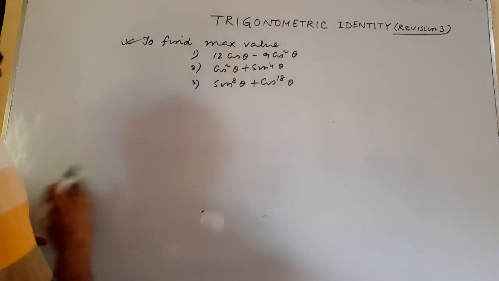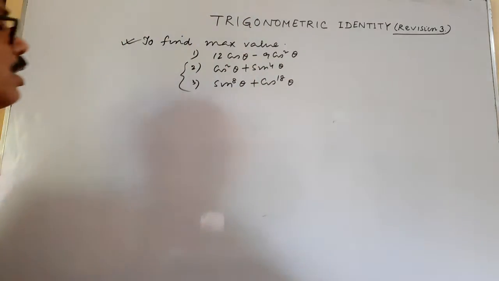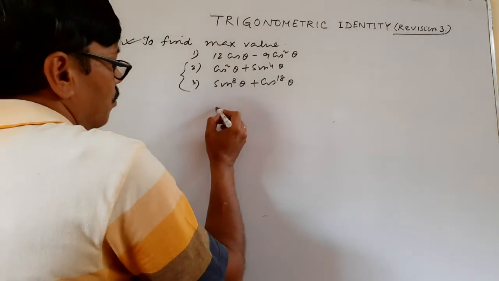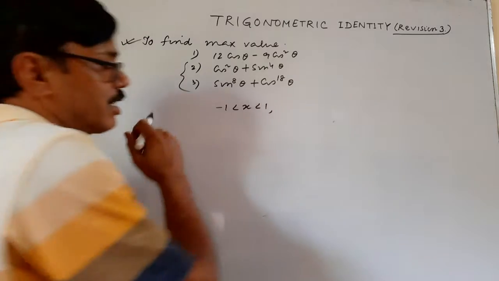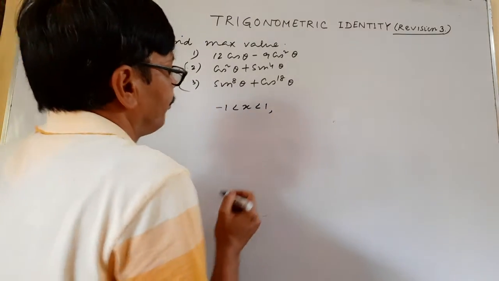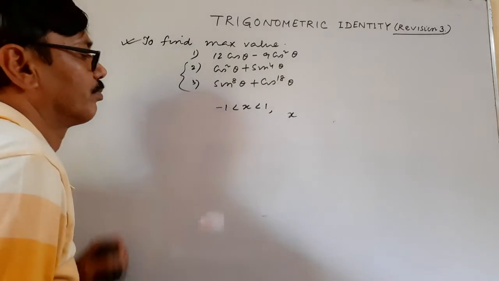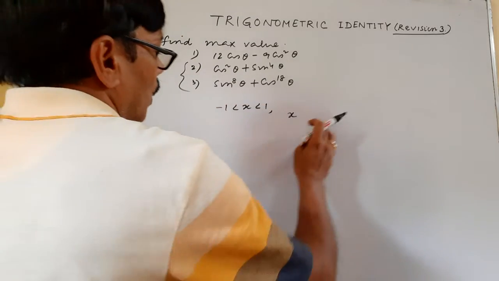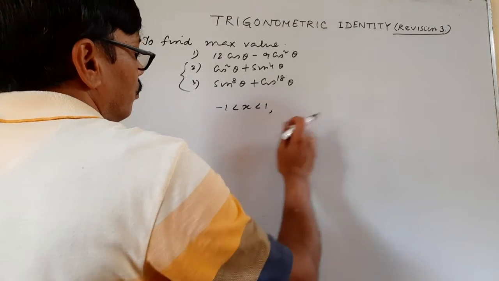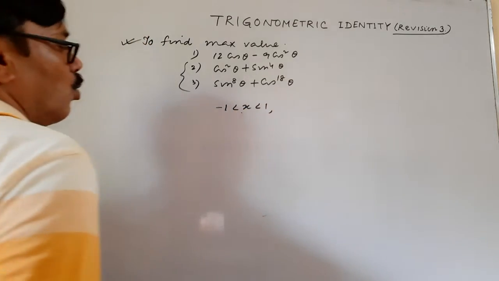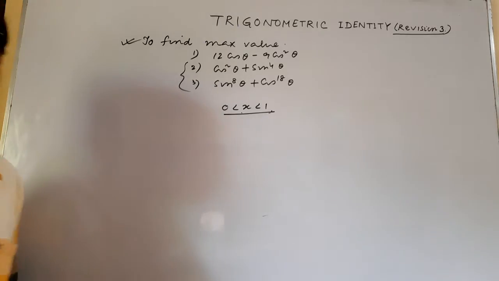Now problems number 2 and 3 are exactly the same. Here we use a theory. If minus 1 is less than x less than 1, suppose we take positive, 0 less than x less than 1.